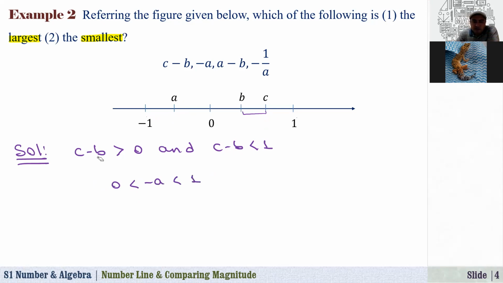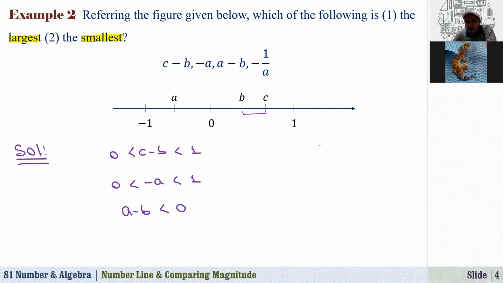Okay, and also this C minus B is greater than 0 and less than 1. And how about A minus B? This A is a negative number, right, minus B. So this A minus B is less than 0, because we are subtracting a positive number from a negative number.